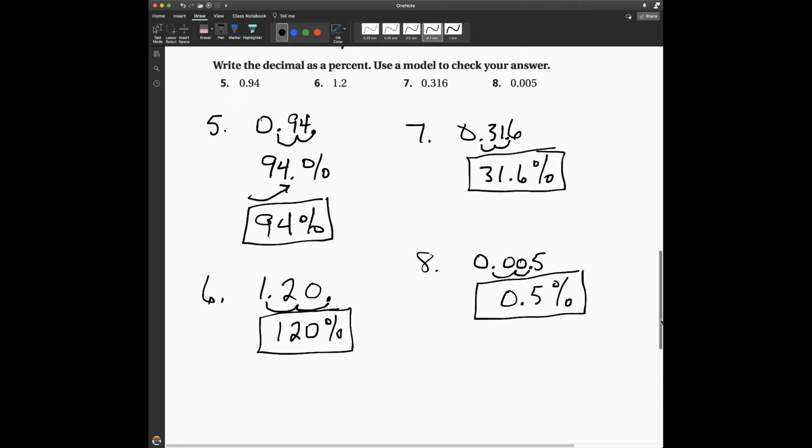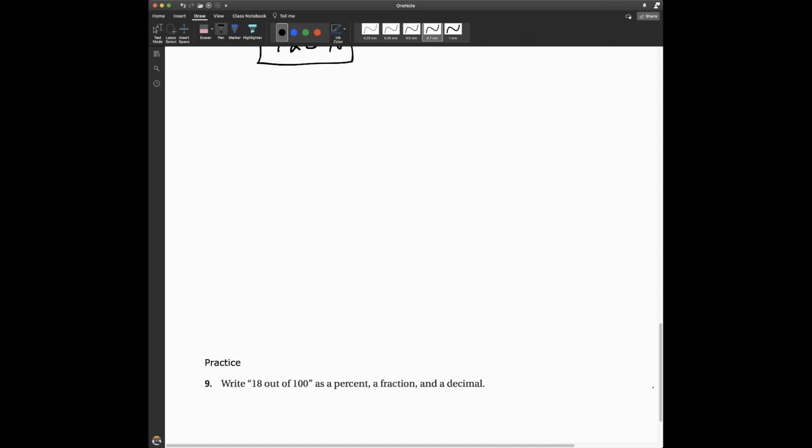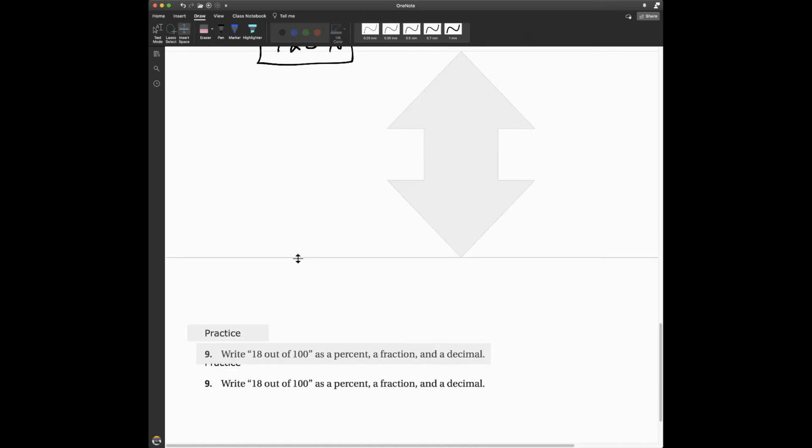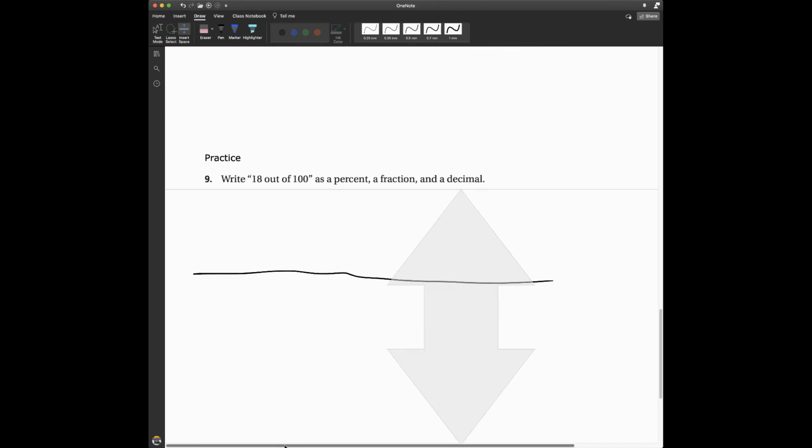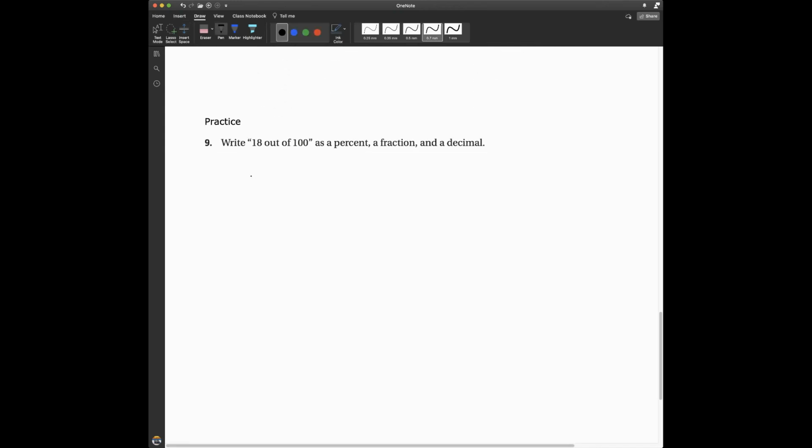Let's look at one more problem down here. This problem says write 18 out of 100 as a percent, a fraction, and a decimal. So we have 18 out of 100. That's a fraction, but we always have to remember our fraction needs to be in simplest form.